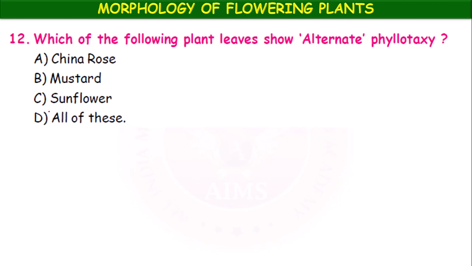Which of the following plant leaves show alternate phyllotaxy? Phyllotaxy is of three types: alternate, opposite, whorled. Here, alternate phyllotaxy is present in which of the following? China rose, mustard, sunflower.